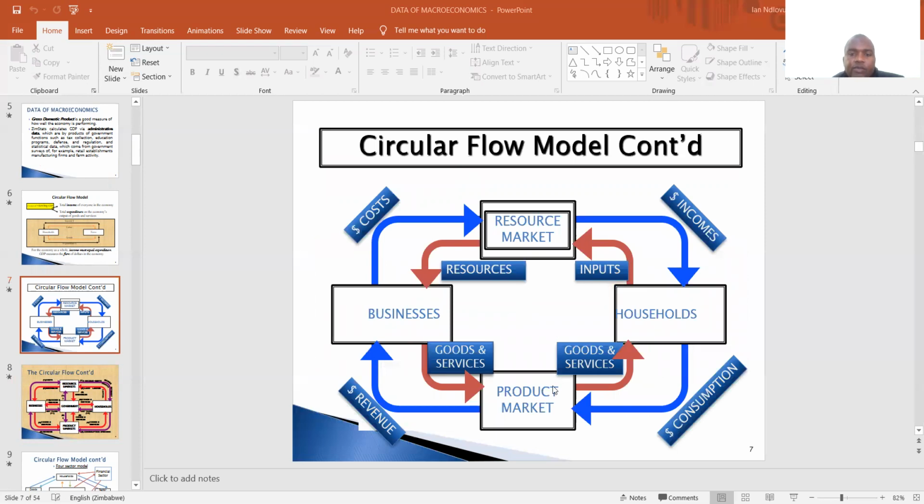And then we can also conceptualize this two-sector economy as having these kinds of markets.